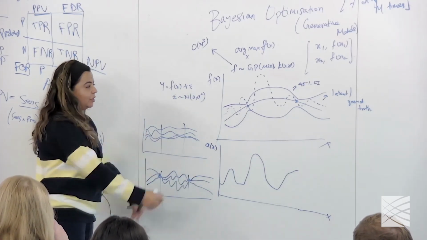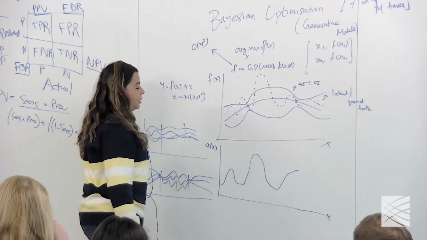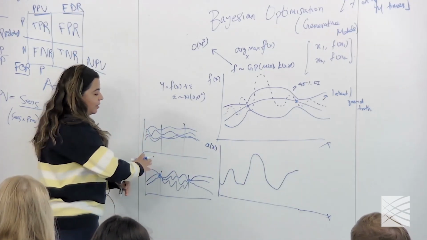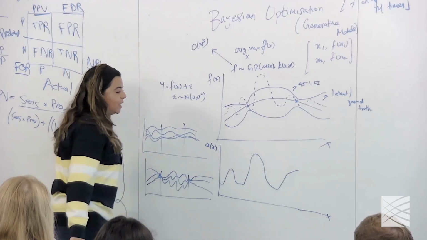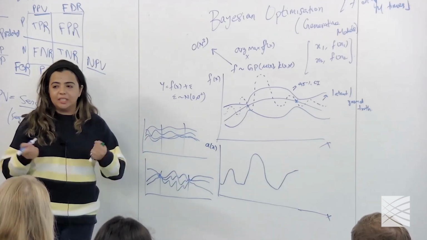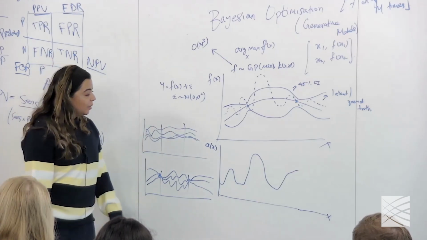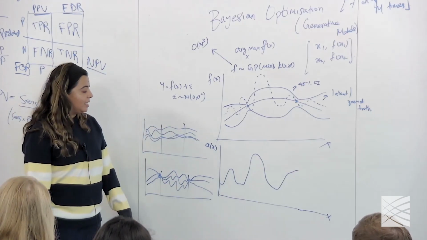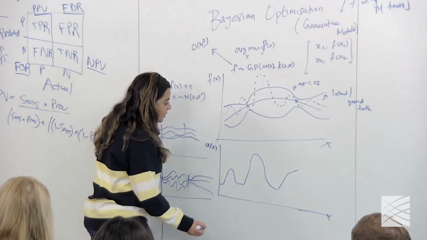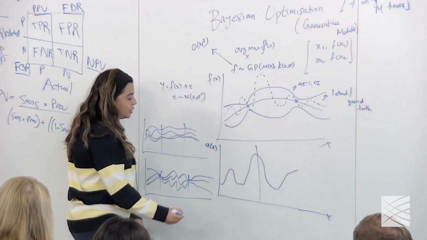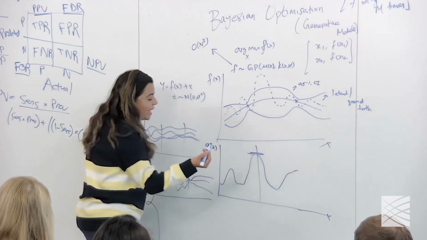So you should be able to do it cheaply across the whole input domain. You derive this acquisition function, which is like a scoring function. It indicates to you where you're going to sample next, right? So you look at the acquisition function in this 1D case and say, okay, this seems like a good point because that's where my score is maximized.